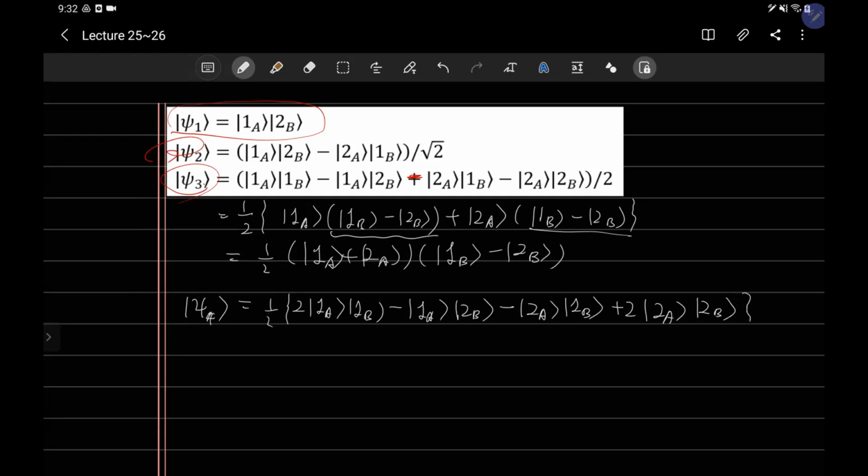Can you tell whether this is entangled or separable? Well, that's not easy. What I'm going to show you is that this state, this psi 4, can actually turn into the shape of this one. And what is the requirement for this shape of the entangled state? You might think that these two states look similar, but there is some difference.